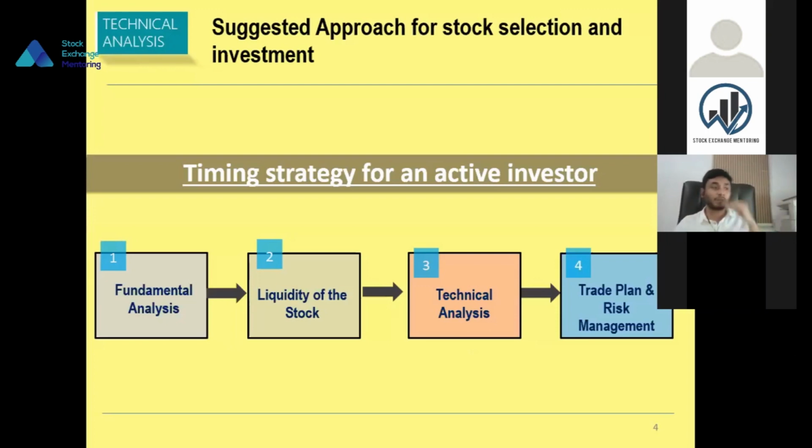So that is where you will apply technical analysis. And then, once you have a technical analytical method, your final step, which is also very important, is to have a clear trade plan and risk management rules before you enter the market.